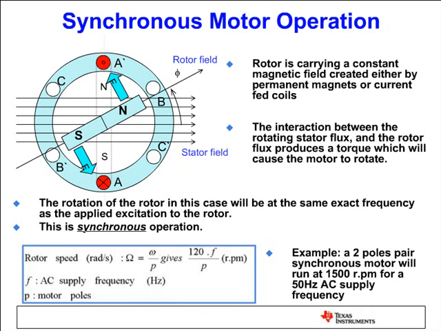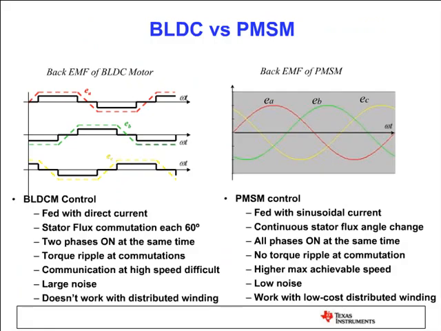Now if you want to compare BLDC and PMSM type motors, first of all, BLDC motors have trapezoidal back EMF, and PMSM motors have a sinusoidal back EMF. In terms of current, BLDC motors draw DC current, as shown on the slide.